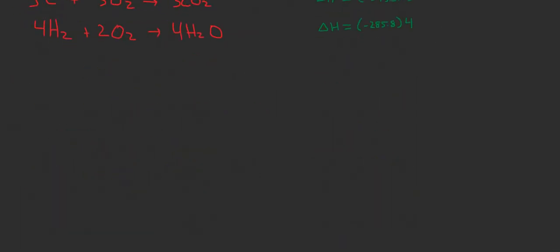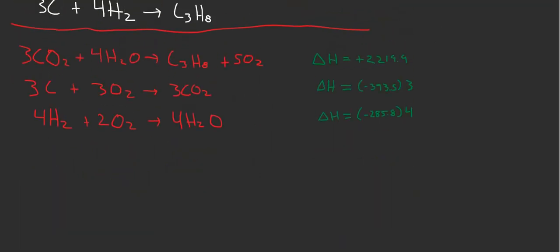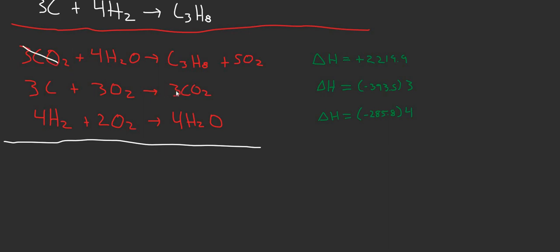And so now you can see why we did all that manipulation to our 3 reactions, because if we cross out the things that are the same on both sides of the arrow, so for example up here we have a 3CO2 on the left side of the arrow and a 3CO2 on the right side of the arrow, so they cancel. We have a 4H2O up here and a 4H2O down here. They cancel.